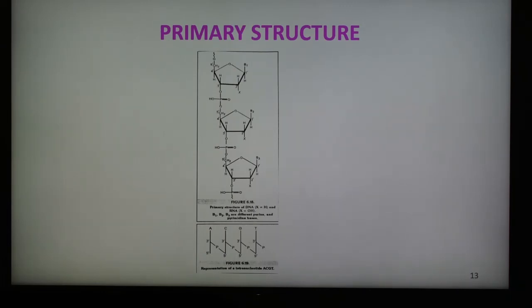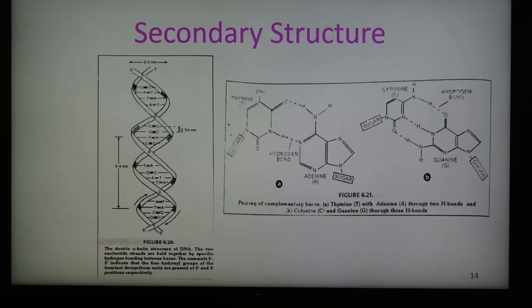And there is also secondary structure. In case of secondary structure of nucleic acid, the DNA consists of two strands of polynucleotide coiled around each other in the form of a double helix.